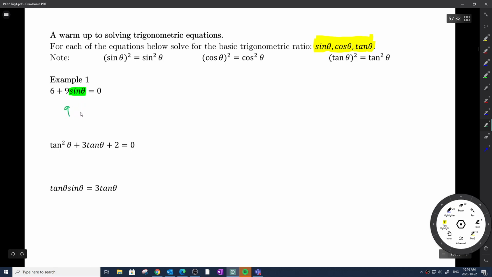Well, it's the same exact step as algebra, what you've been learning all along. You would really subtract 6 from both sides. So now we have 9 sine theta is equal to negative 6. Now I'm going to divide both sides by 9.